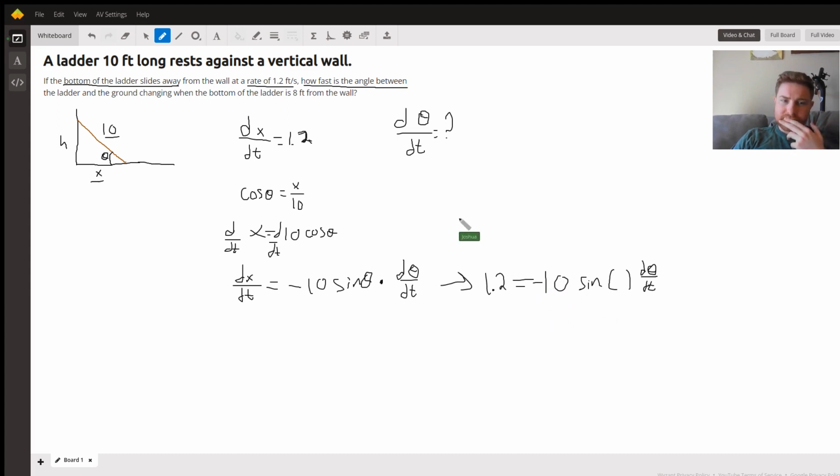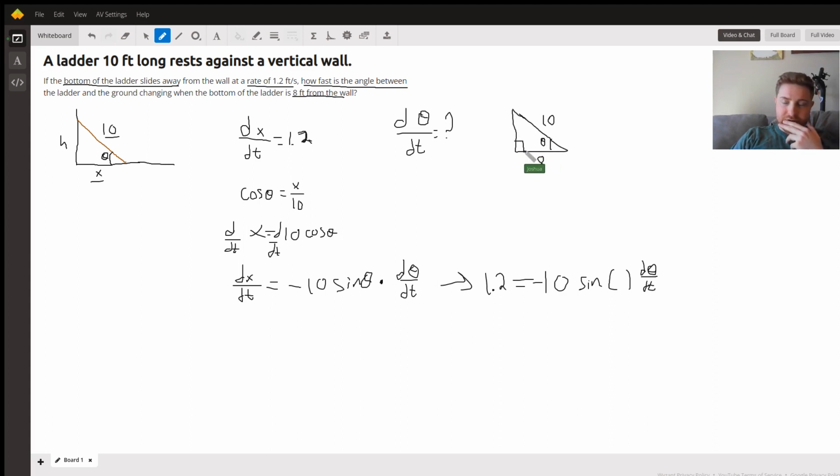It does give us the information that at this specific time, it's 8 feet from the wall. So let's draw a different triangle for when we freeze it in time. It's going to be 8 and 10. So this angle right here.